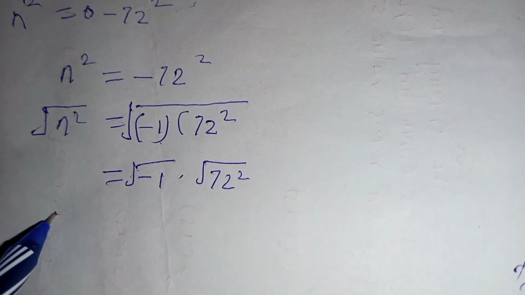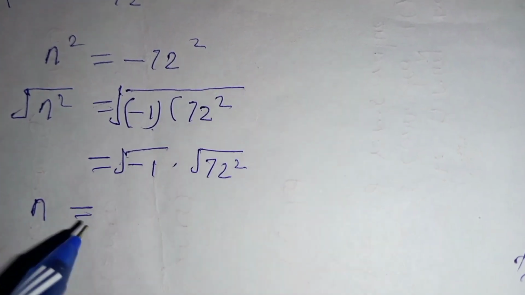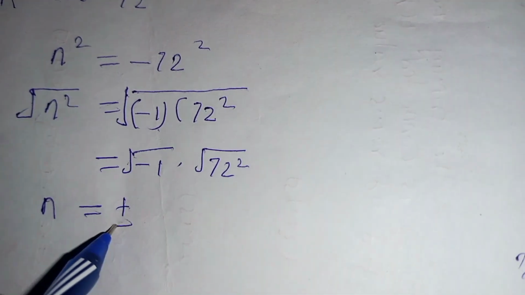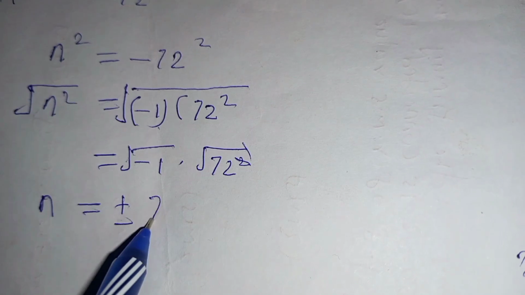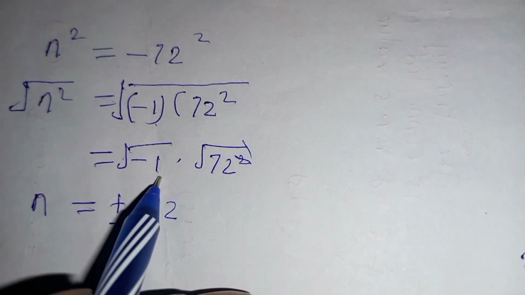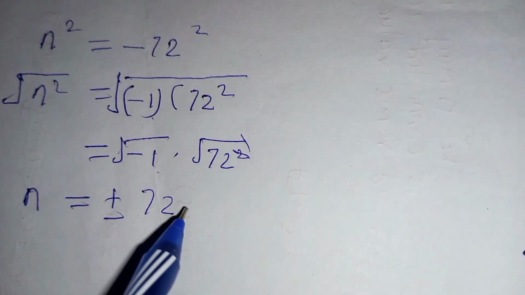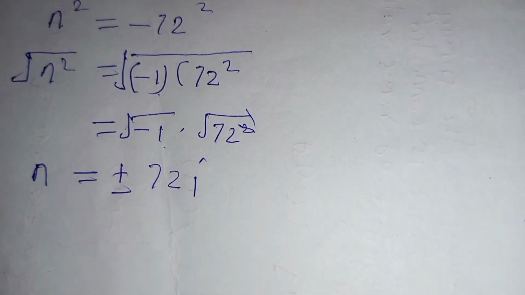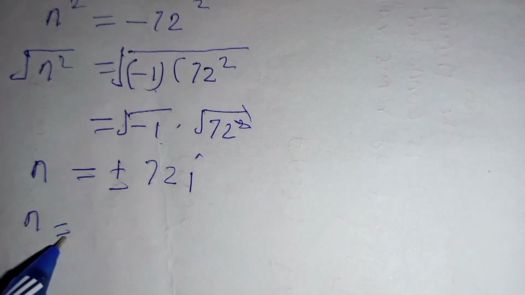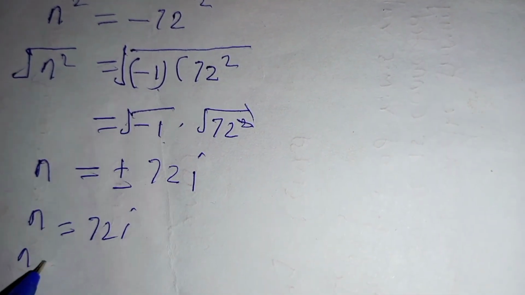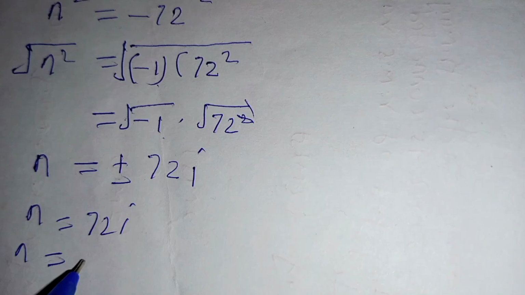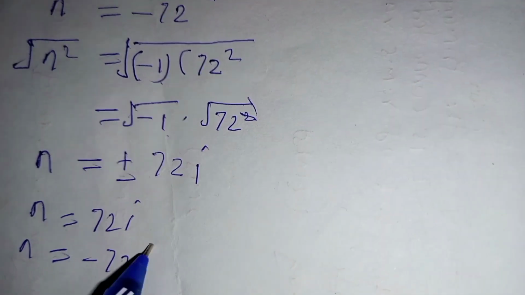Square root of n squared is n, which is equal to plus or minus. When you are squaring and you are taking square root, it is that number, 72. Square root of negative 1 is i. So our value for n is equal to 72i, and the other value for n is equal to negative 72i.